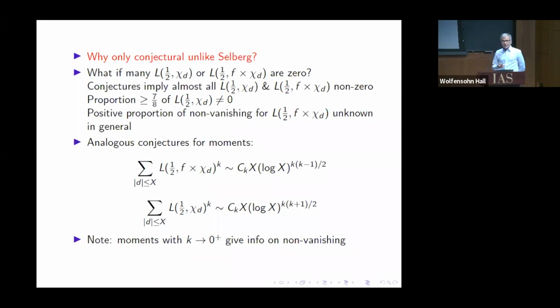You could also carry out the same computation that I did of taking the exponential moment of a normal random variable, and you would get analogs. So these conjectures were again made by Keating and Snaith. You can get analogous conjectures for the kth moment of L functions in families. And you can see that this mean being positive or negative is reflected in the exponent k times (k minus 1/2) or k times (k plus 1/2).